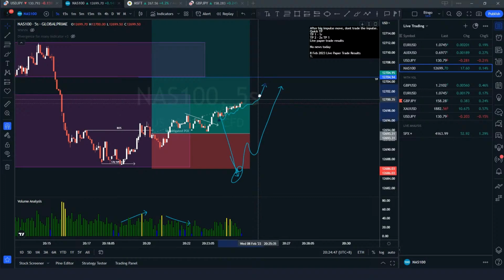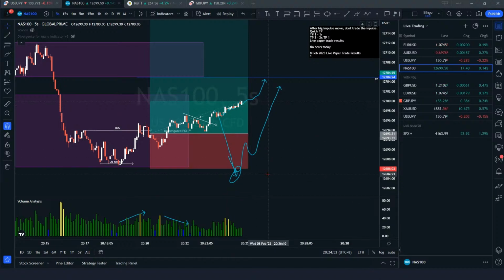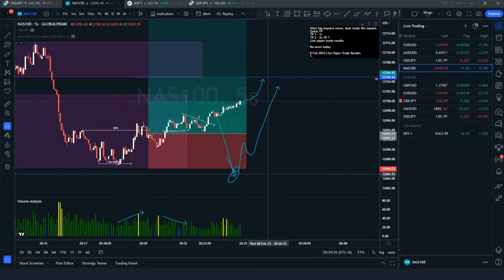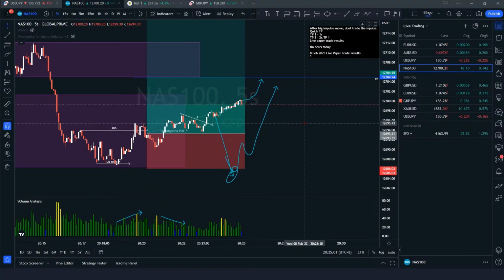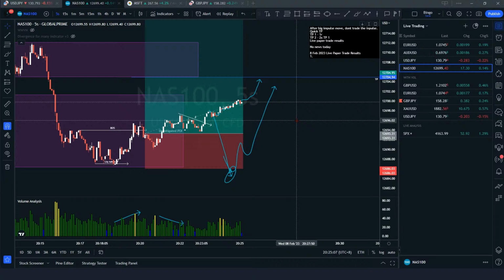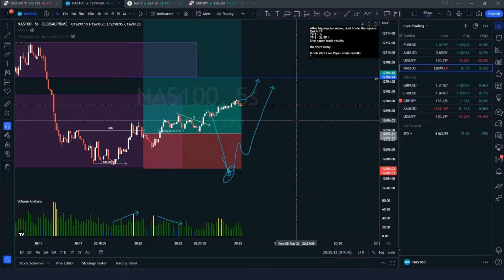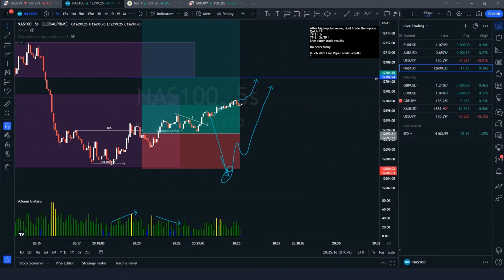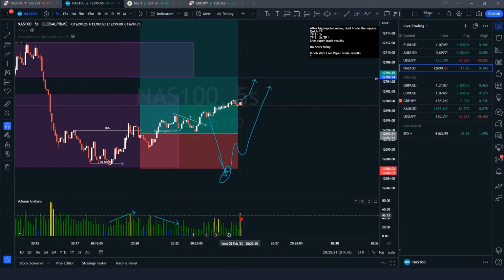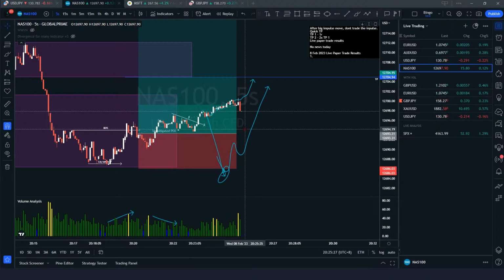So I think this should be playing out. Let's see. Hmm, okay, we have high volume picking up over here. Price is unable to push higher.